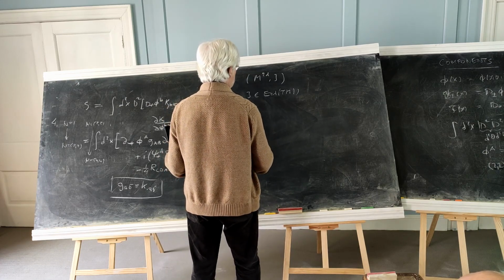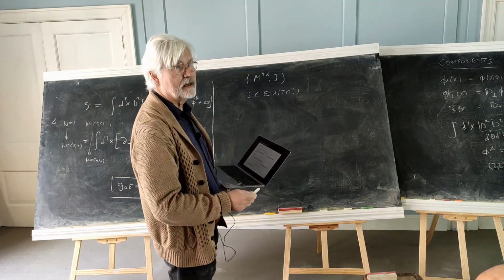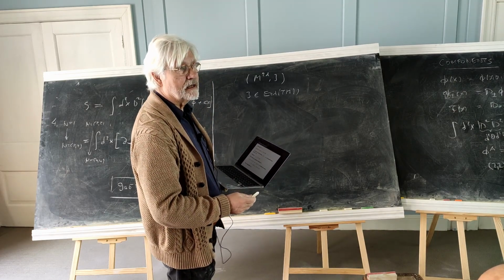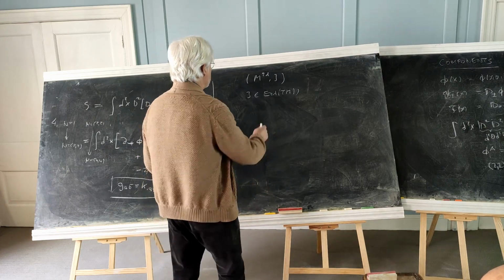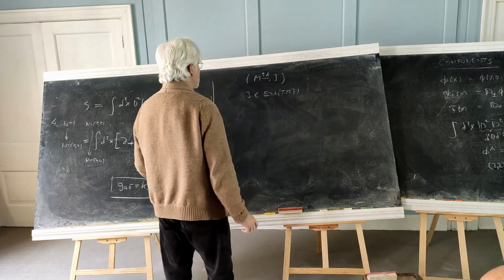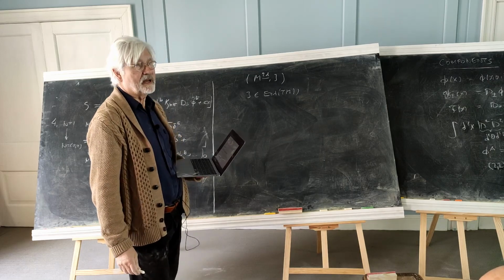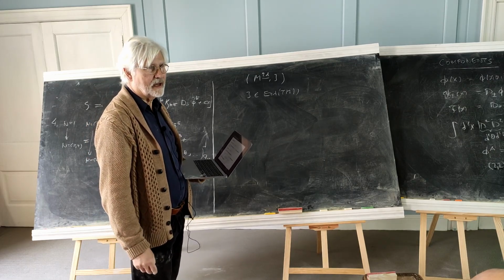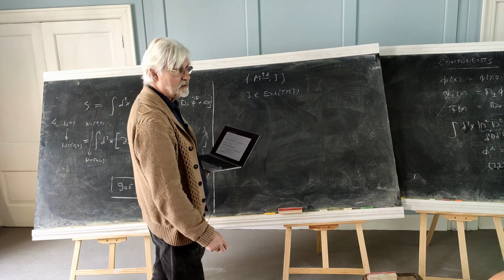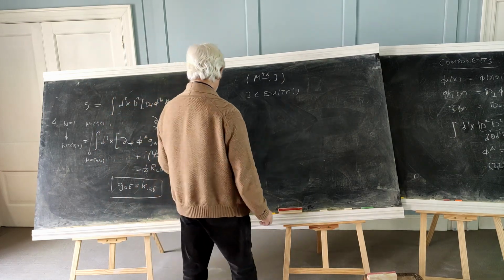When you say even dimensional, does it mean real dimension or complex dimension? It's a real dimension. It has to be even, and that's very clear from this.